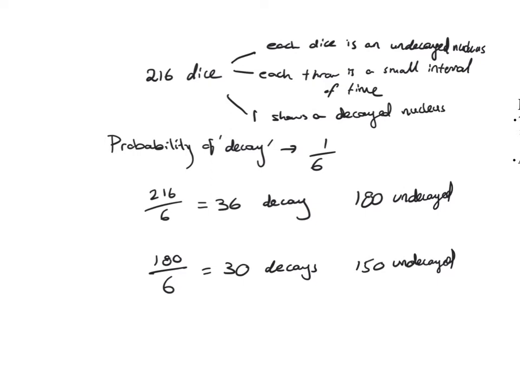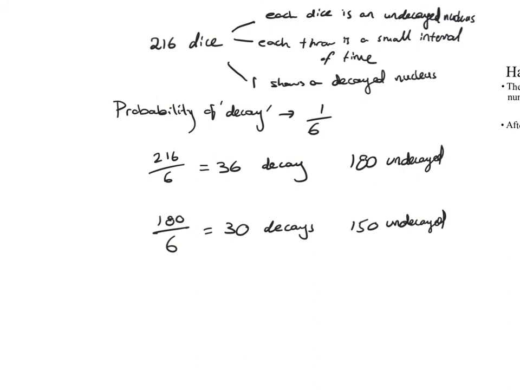So I can write a general expression of after, let's say, n throws, I will have eventually reached the stage where I will have this expression with how many are left undecayed.